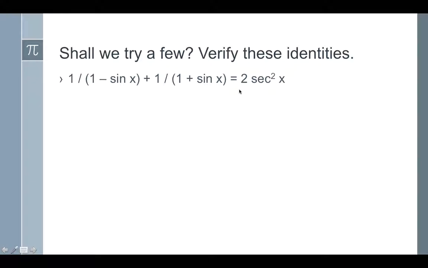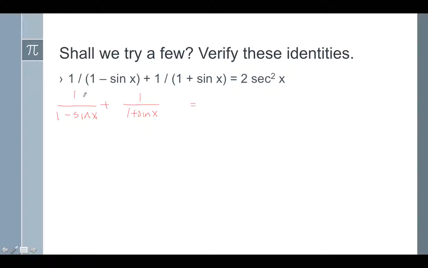All right, I've got a few of these. I have here 1 over 1 minus sine x plus 1 over 1 plus sine x. And I'm going to use this because this looks like the more complicated side.